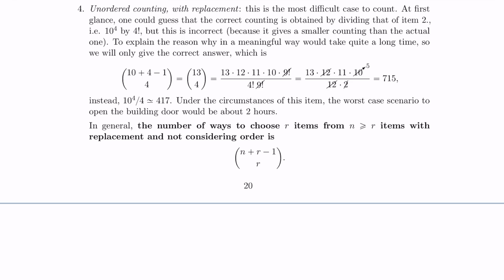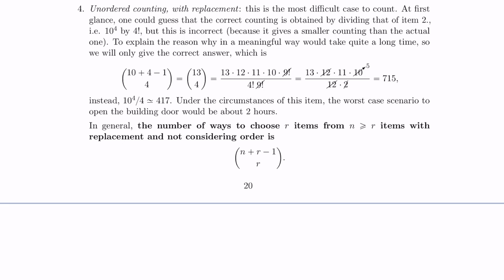We have arrived at the final situation, that is, counting without order but with replacement. This is by far the most difficult case to count, and unfortunately we don't have the time to go through all the details that we need in order to motivate the corresponding formula, so we simply give the correct answer.